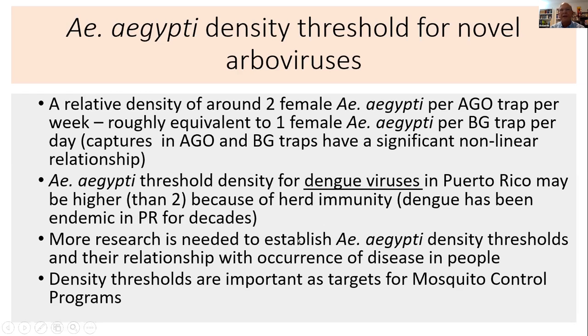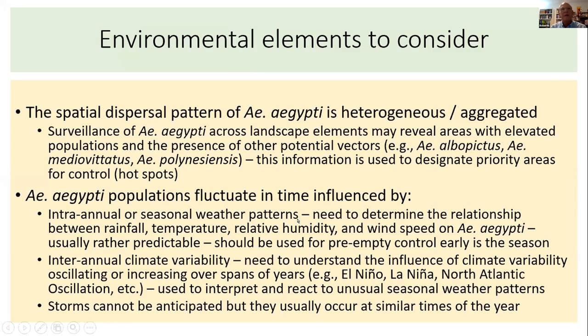We need to establish that because dengue is a recurrent infection in Puerto Rico and everywhere else. So determining thresholds are important as targets for mosquito control programs because then you know if you are below or above and whether the populations are at risk for transmission.